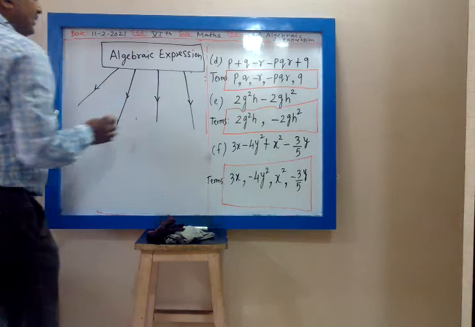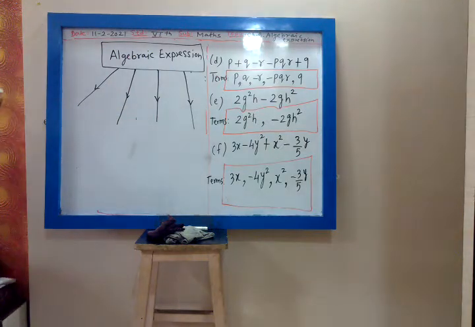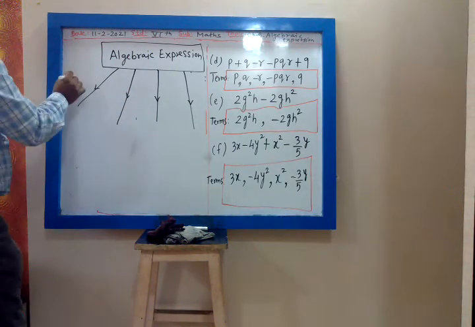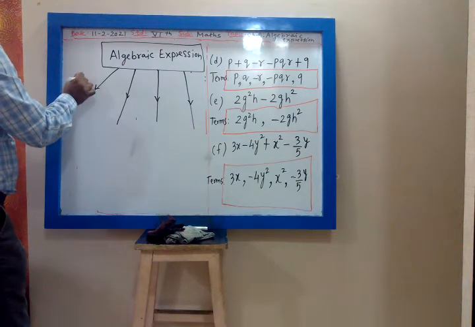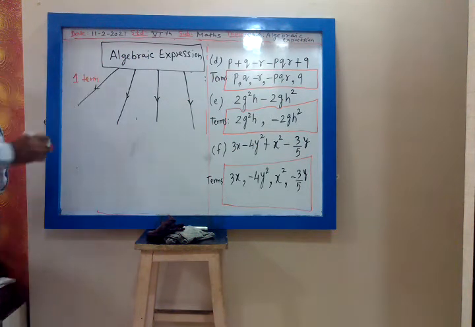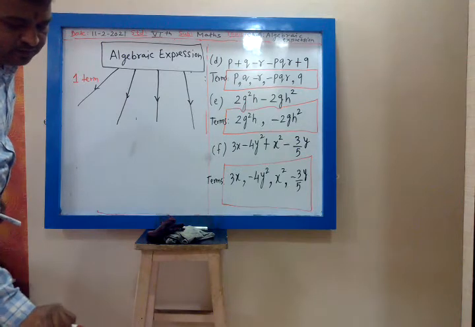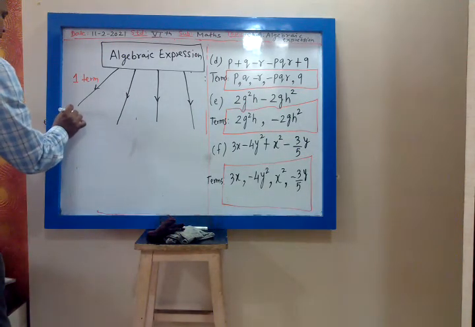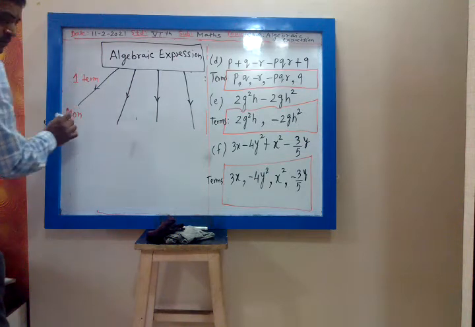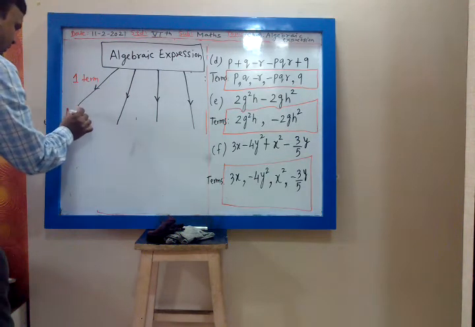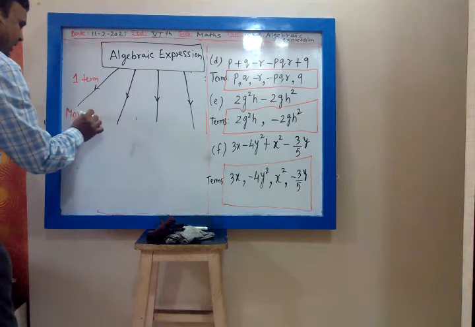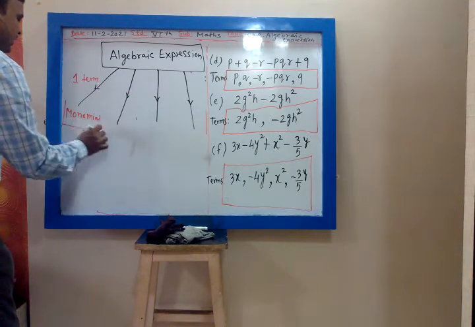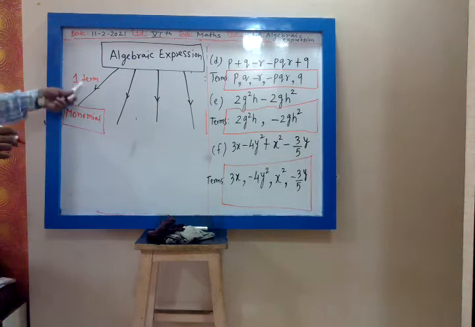Make this flow chart. Algebraic expression: if the algebraic expression has one term, it will be known as monomial. One term means monomial.